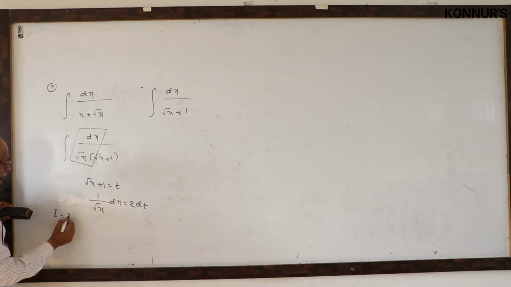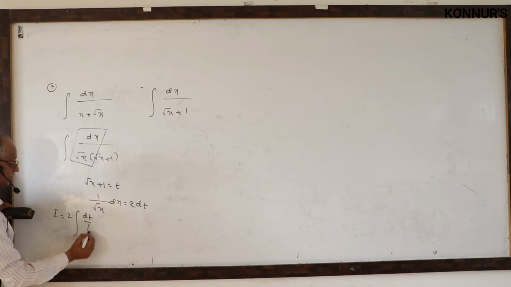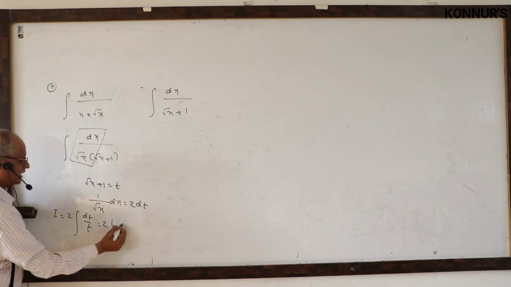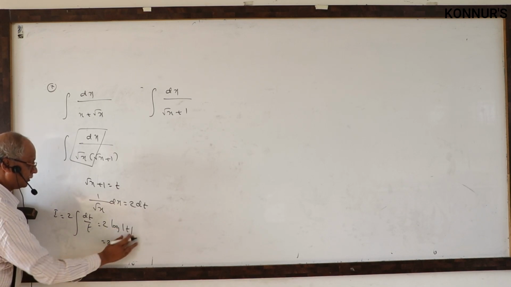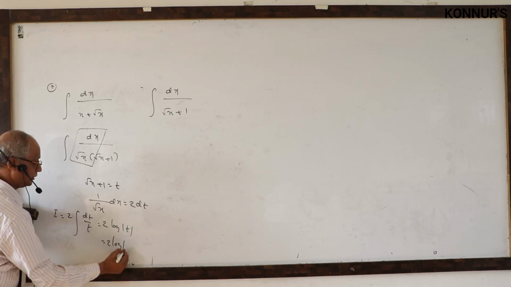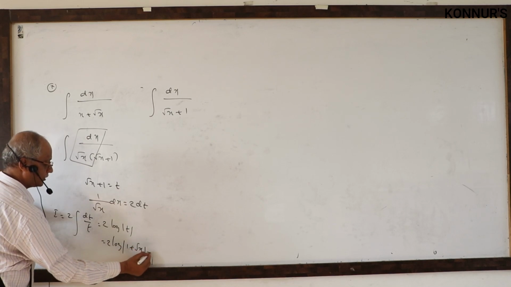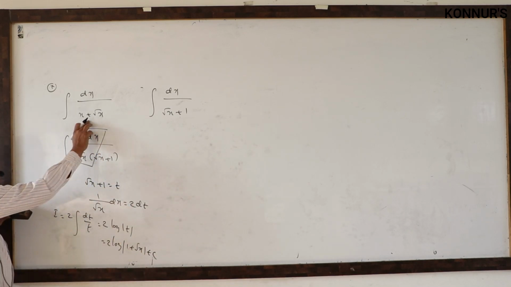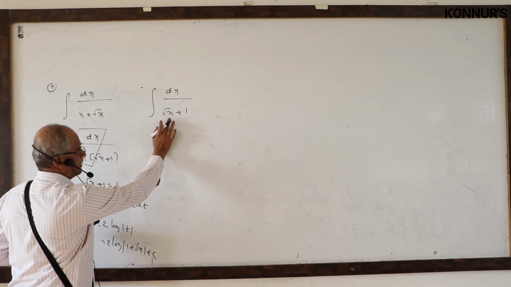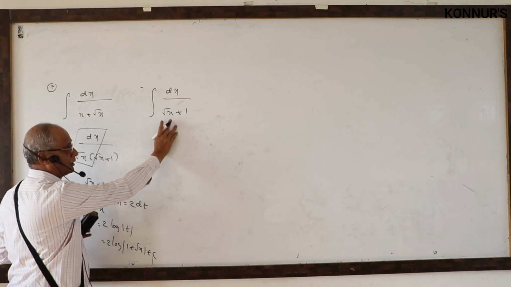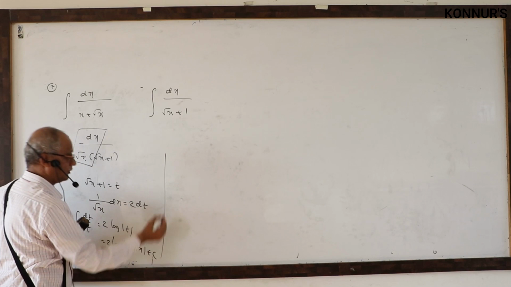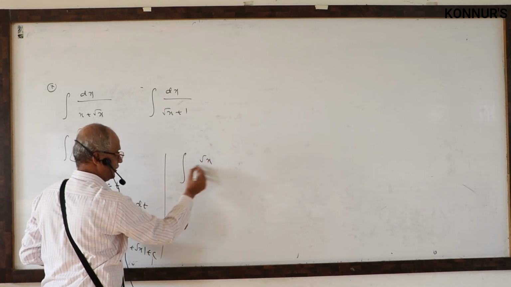So, I equals 2 times dt by t, 2 times log of t, 2 times log modulus of 1 plus root x. The answer is finished. This is a particular problem. Suppose here root x is not possible to take common, no other way of taking common. Then what do you do? Root x, multiply and divide.